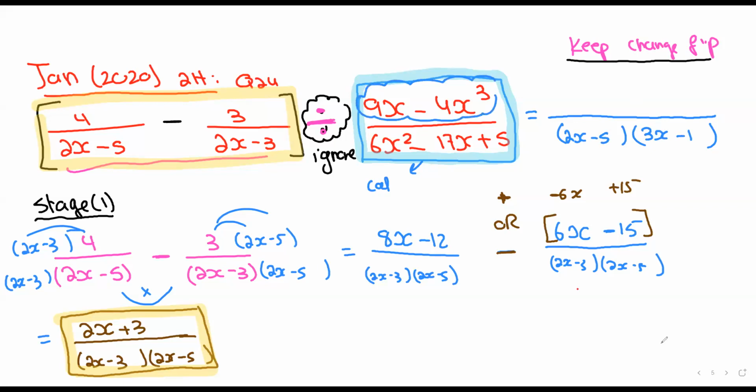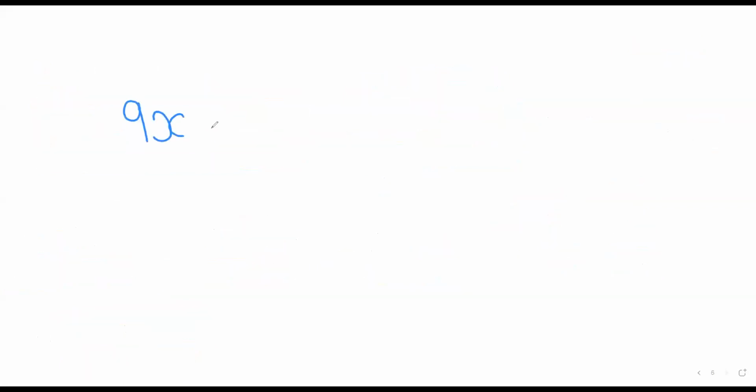As for my numerator, let's take it on a slide by itself. It is 9x minus 4x to the power of 3. Now, if we remember when we discussed factorization, we said first you need to ask yourself whether you can take the HCF.